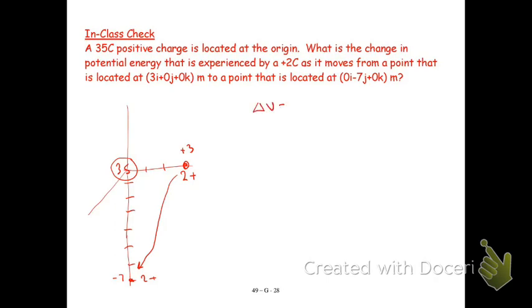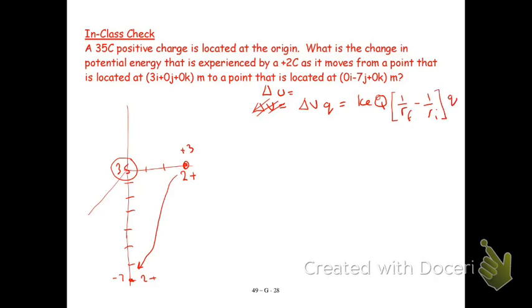What is the change in potential energy? Delta U equals delta V times Q, which equals KE Q, 1 over R final minus 1 over R initial, times my little charge.